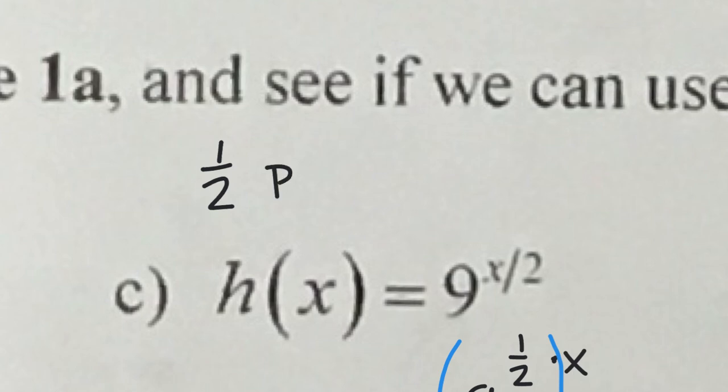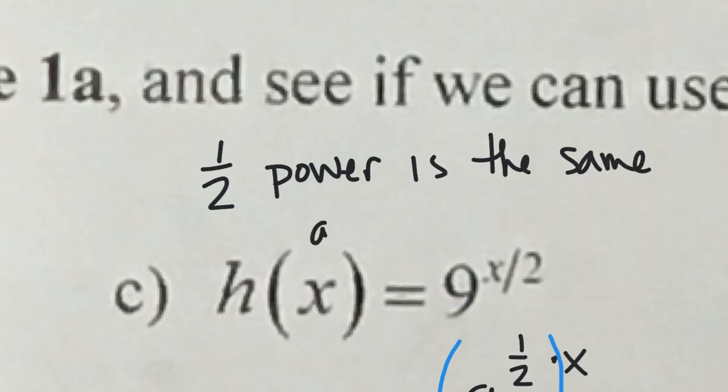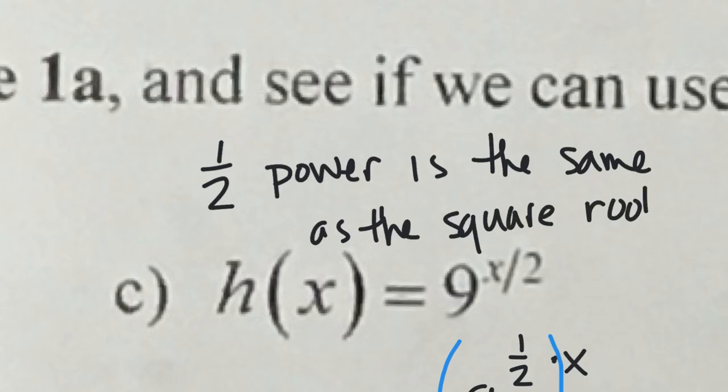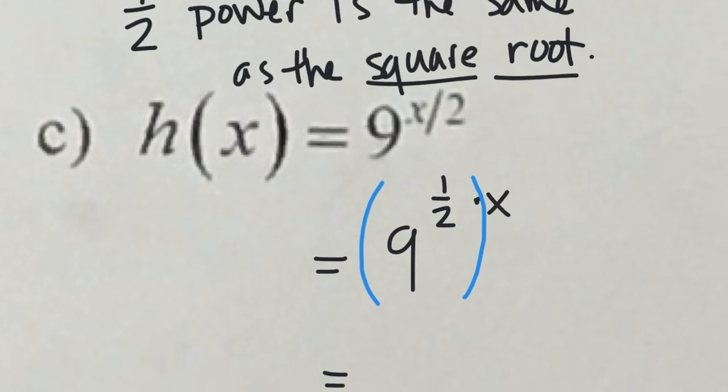The 1/2 power is the same as the square root. Okay? If you're raising something to a fractional power, then the denominator is your root. So we're looking for what is the square root of 9 raised to the x power.